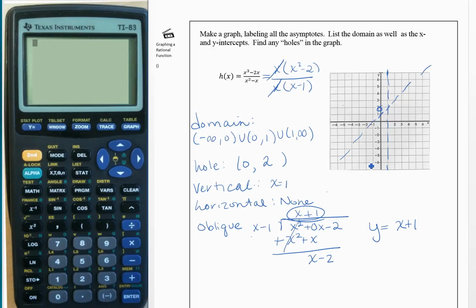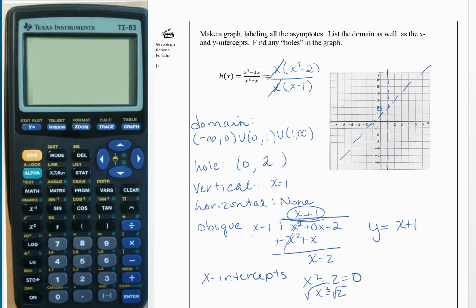Now, the other thing we can find to help us graph is our x-intercepts. We get our x-intercepts by setting the numerator of our reduced fraction equal to 0. So x squared minus 2 equals 0. If we solve that, we have x squared equals 2.